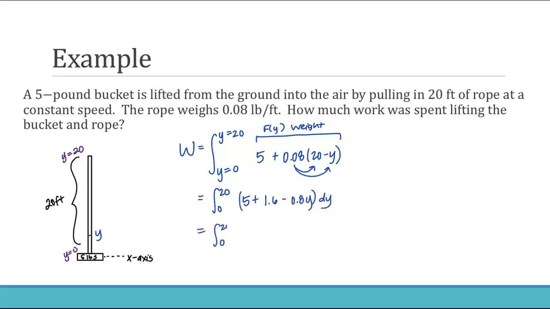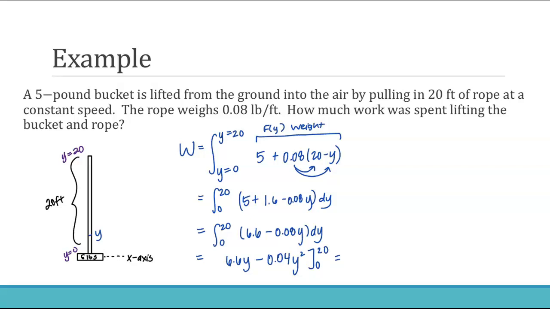So the integral from 0 to 20 of 6.6 minus 0.08y, I missed a 0 up here, 0.08y dy. So the antiderivative is 6.6y minus 0.08y squared over 2. If I divide by 2, I get 0.04y squared from 0 to 20.